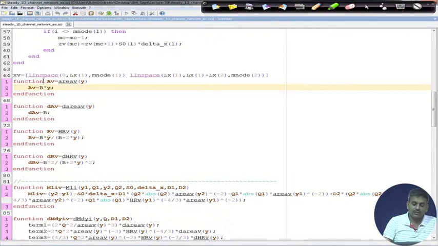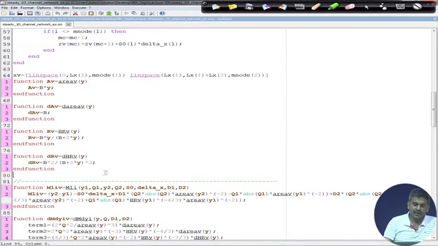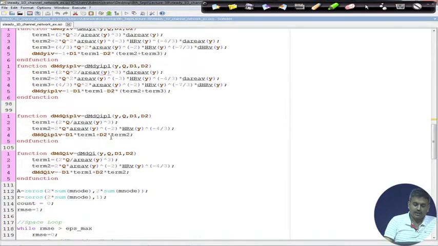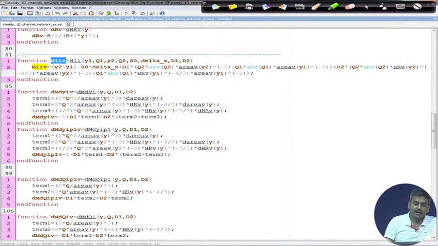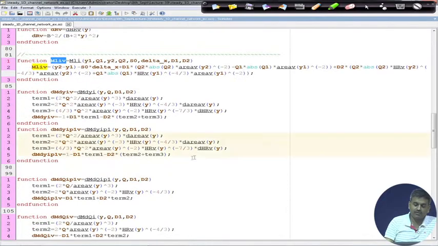This is our area calculation. We are considering a rectangular channel, dA by dy, r, dr by dy calculation, and this is ml I. I have not written CLI, because the CLI coefficients are either 1, minus 1 or 0, so I have directly assigned those values.